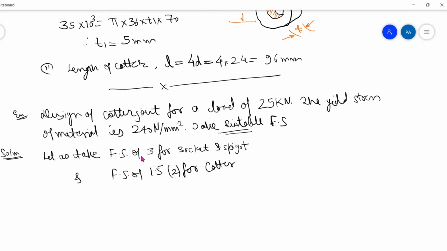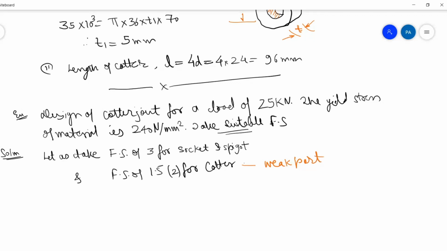Now understand that we are taking a factor of safety of 3 for socket and spigot and 1.5 or 2 for Cotter, which means we are taking less factor of safety for Cotter. What does this mean? It means that we are making this a weak part.